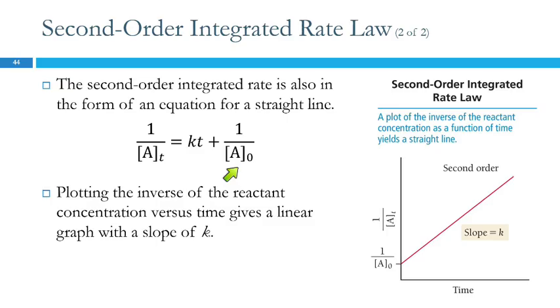The intercept is going to be 1 over A0, the initial concentration. Okay. This one is 1 over concentrations instead of natural log concentrations because of integrating in calculus. And for most students, you don't want to know any more than that.